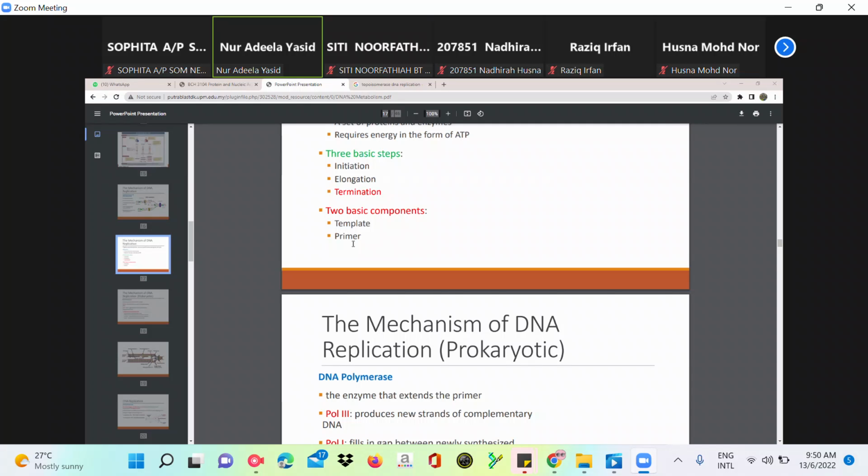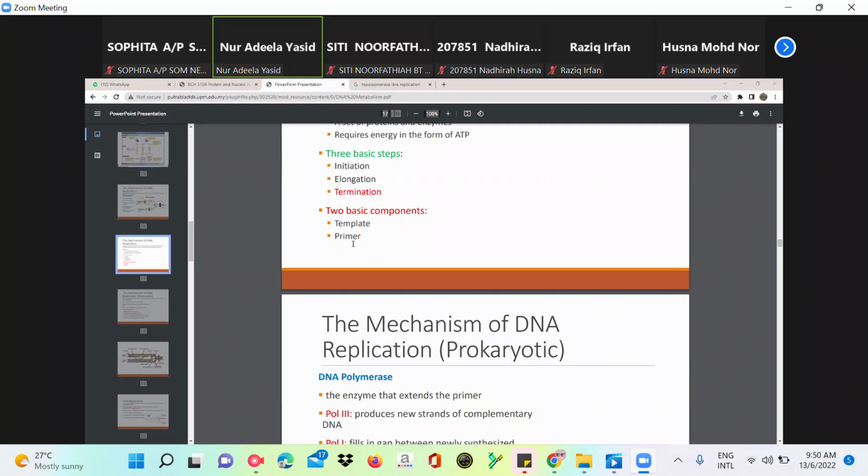We want to amplify the cell wall binding protein of E. coli, for example. So we need to find that specific sequence for cell wall binding protein in the whole genome sequence. For example, from a genome of many kilodaltons of DNA sequence, maybe we want to amplify 300 base pairs of cell wall binding protein.